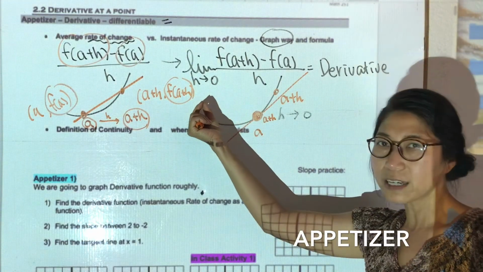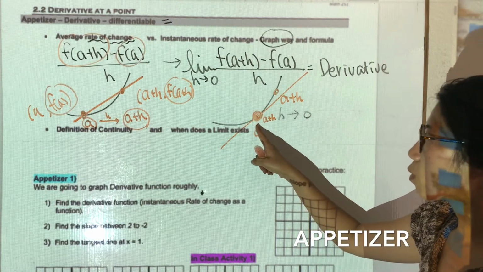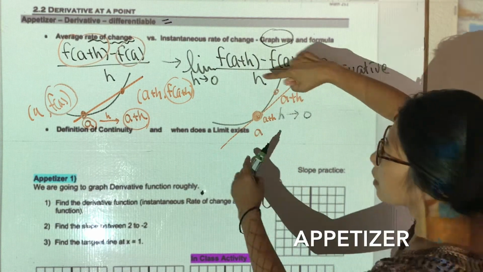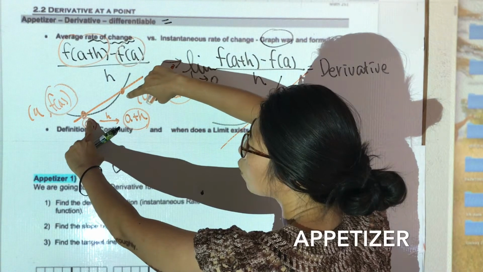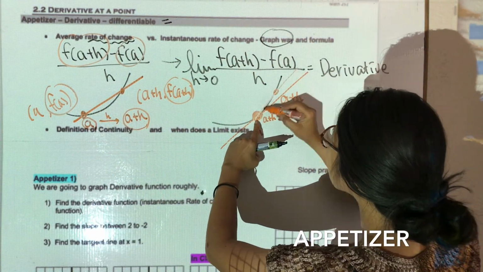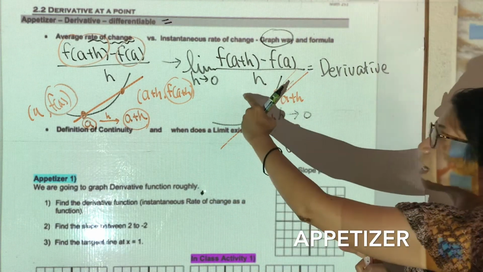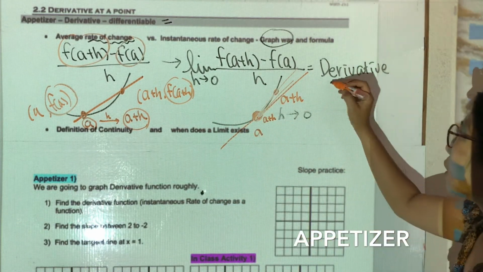So I made two coordinates into one coordinate by moving my line closer to my a value. That is the explanation of the derivative.